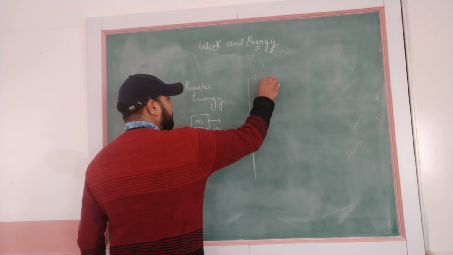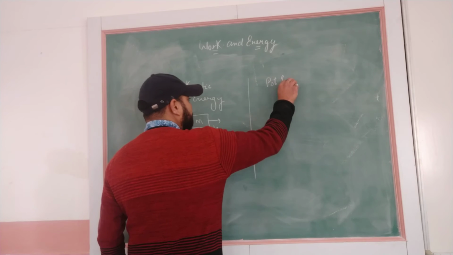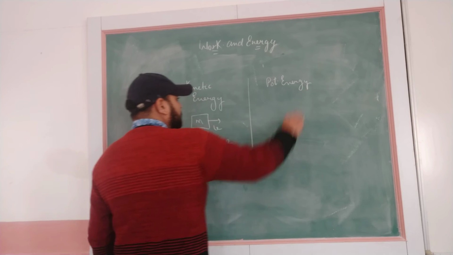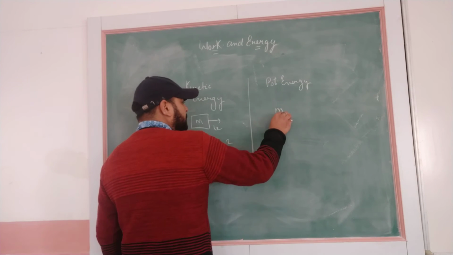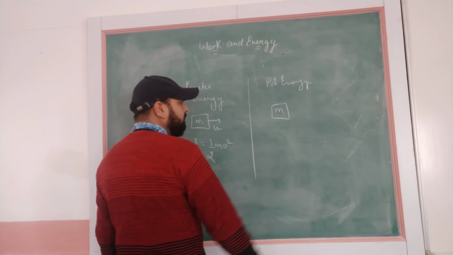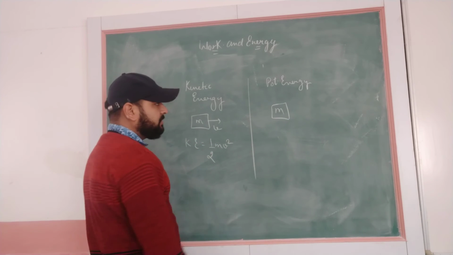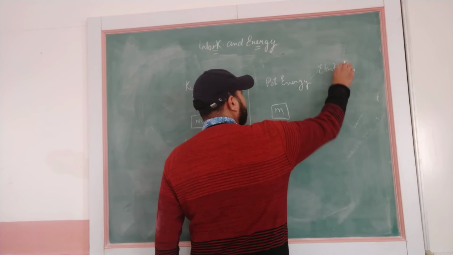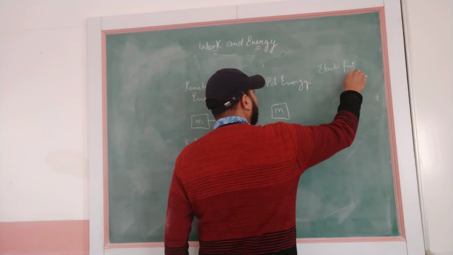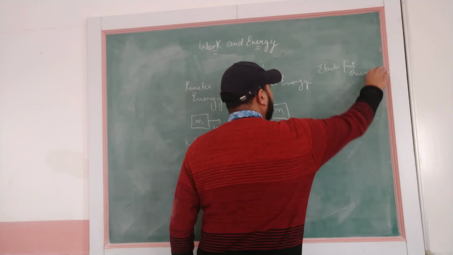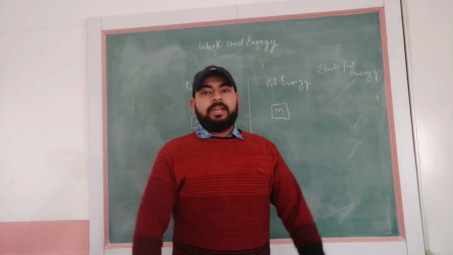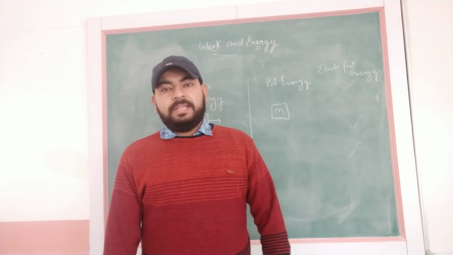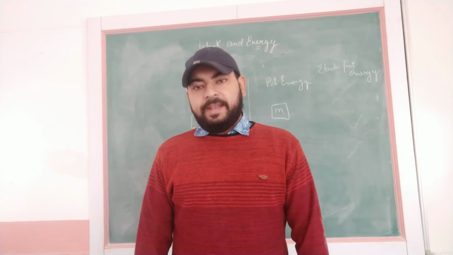And if an object is possessing potential energy, see, potential energy is of two types. One is elastic potential energy, the potential energy present in flexible objects like a rubber band. When you stretch a rubber band, it has gained some energy, and this is elastic potential energy.